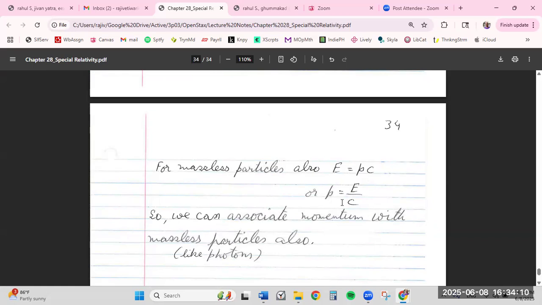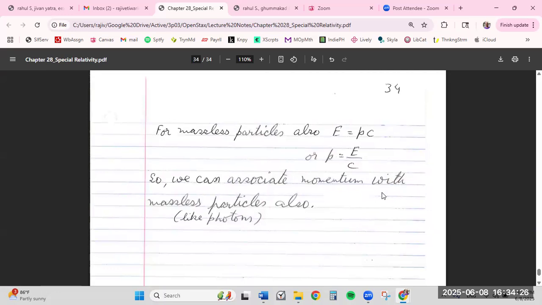So even if an object or particle does not have any mass, all it has is some amount of energy, you can still associate a momentum with it. Momentum is energy divided by the speed of light. An example of a particle which does not have a mass is a photon, which is a particle associated with light. And we'll talk about photons more in a later chapter.